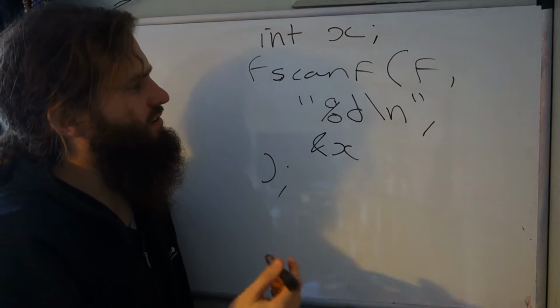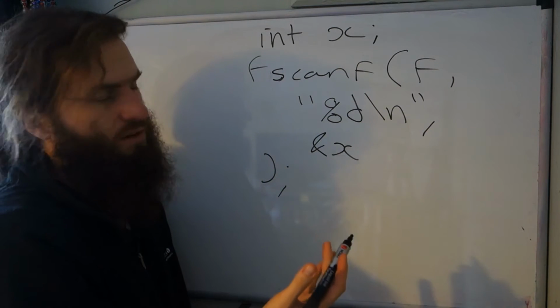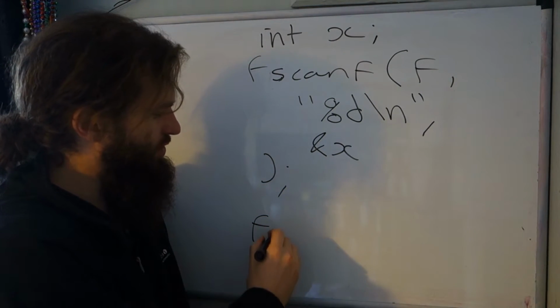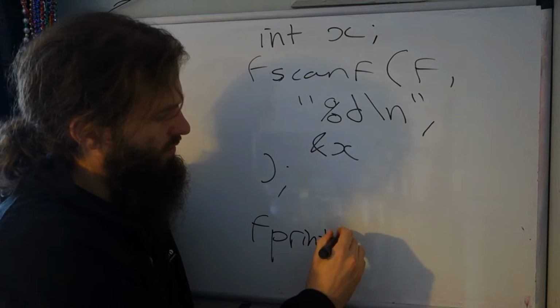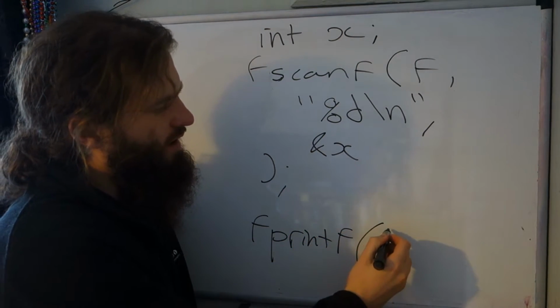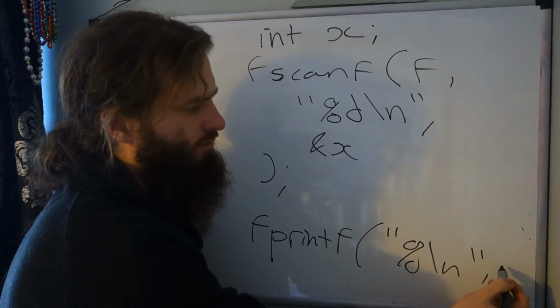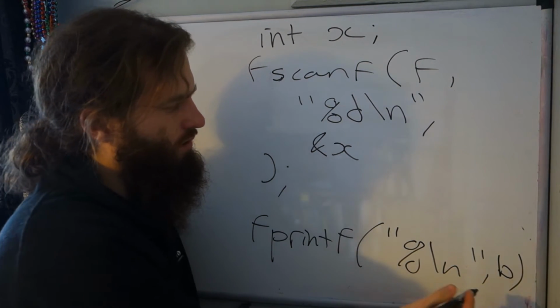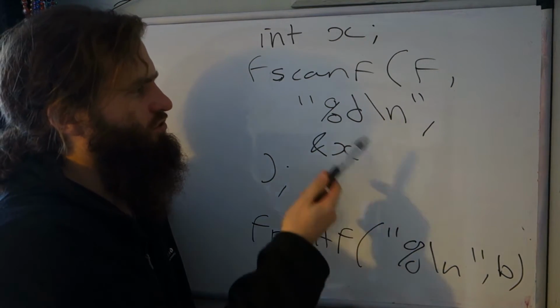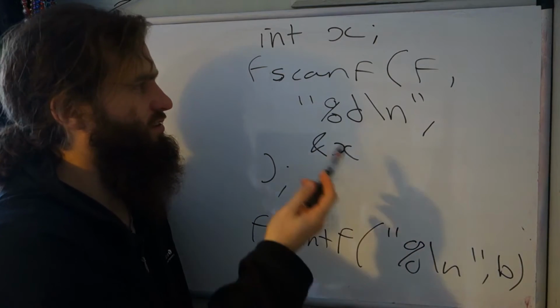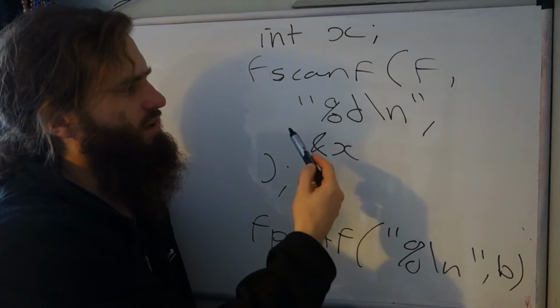This is quite convenient sometimes because, of course, you might have earlier done an fprintf where you actually wrote out your integer to the file, let's call it integer b. And then the format string that's used to read in the integer that you've written out is the same as the one that you're using to read it in.